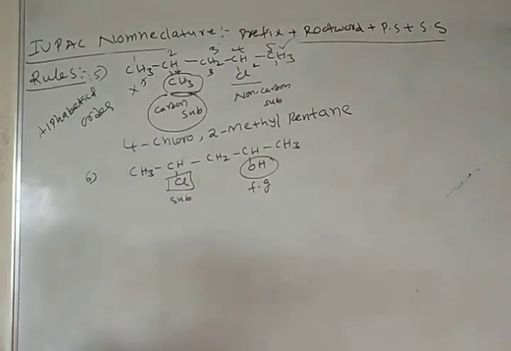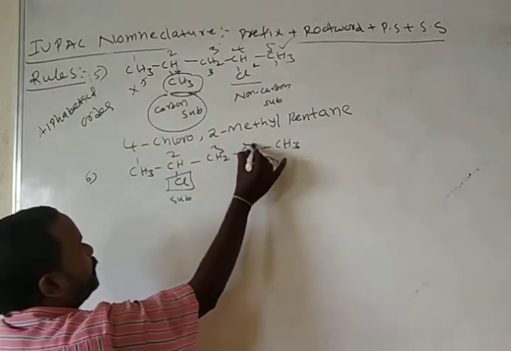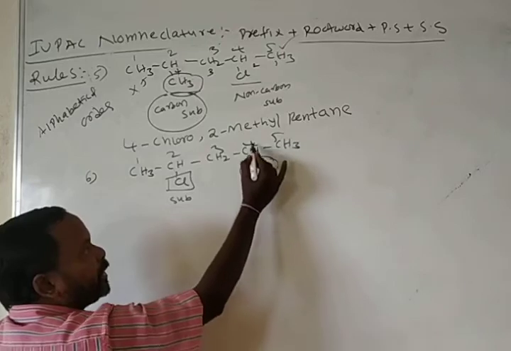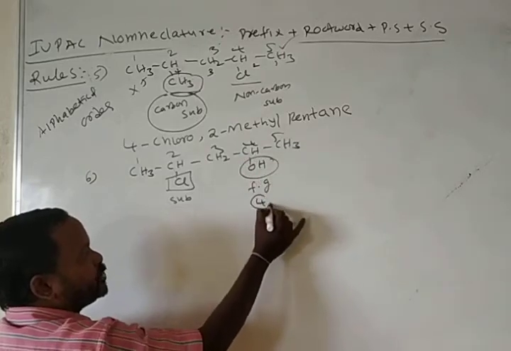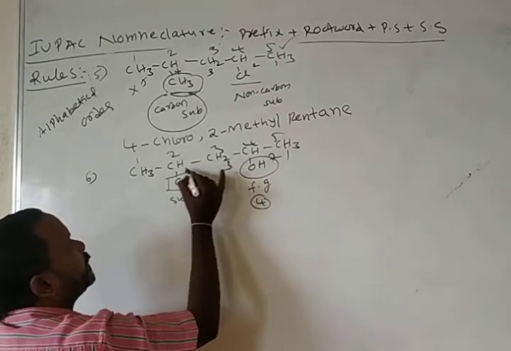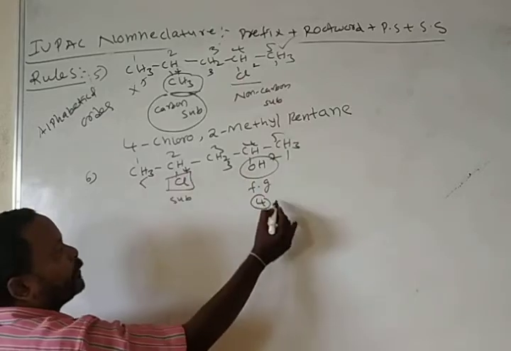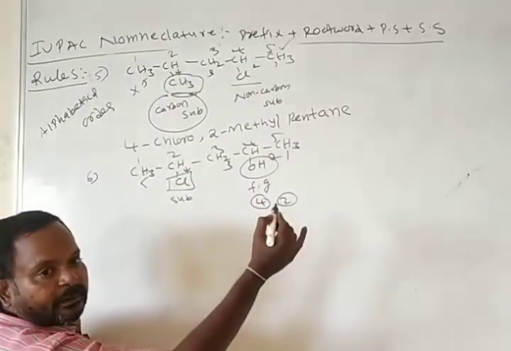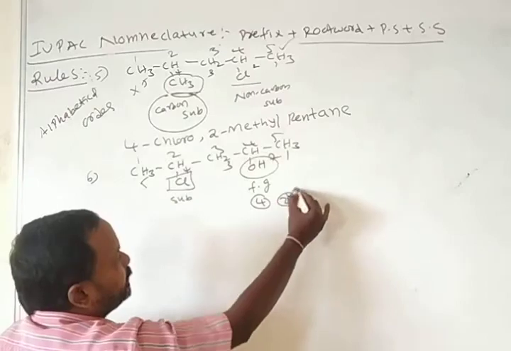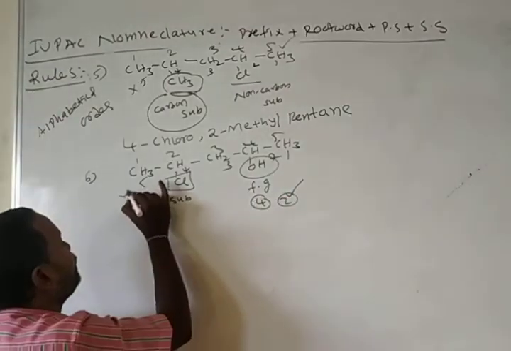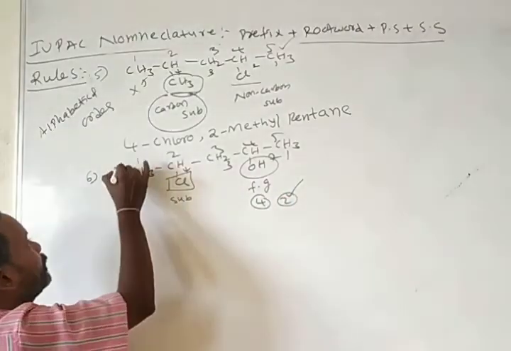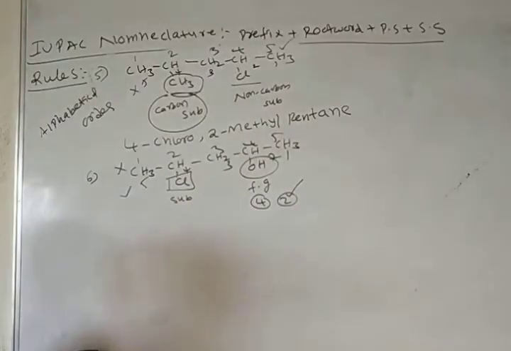Left to right or right to left? Numbering left to right, the functional group carbon gets the fourth position. Numbering right to left, the functional group carbon gets the second position. Second is correct. So we follow right to left, not left to right.